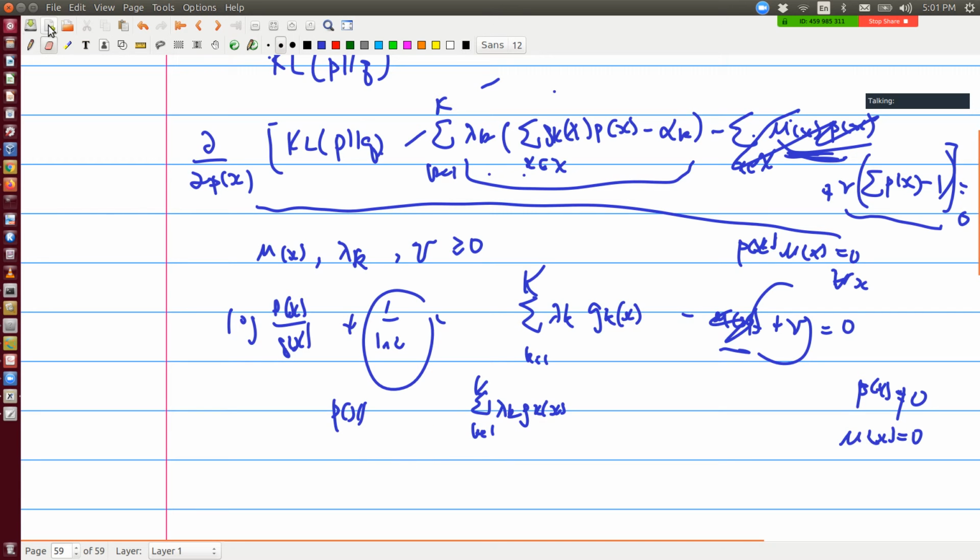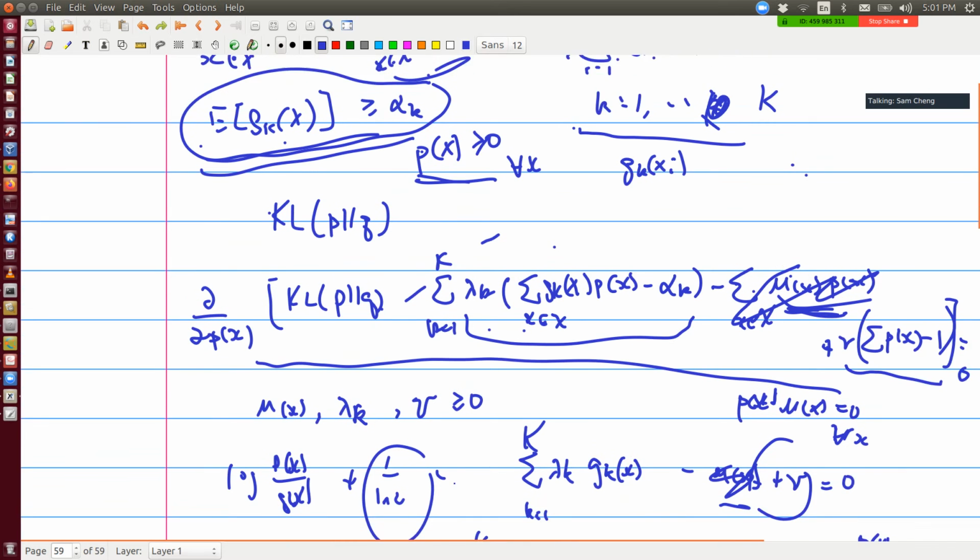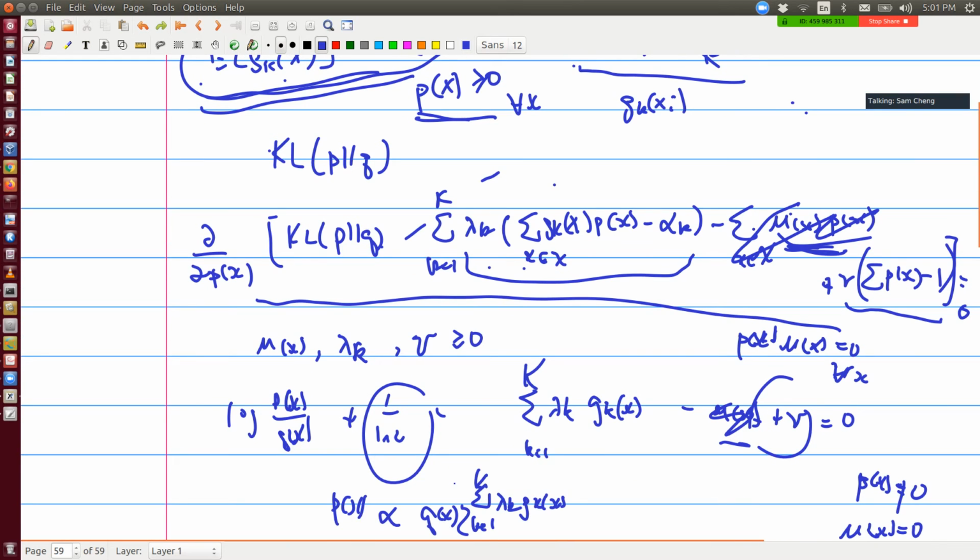So therefore this is proportional to qx times this, with 2 to the power. And then of course I can normalize that, so I have some qx blah blah blah. So anyway, that is pretty straightforward. Whenever you get familiar with the KKT conditions, it's quite easy.